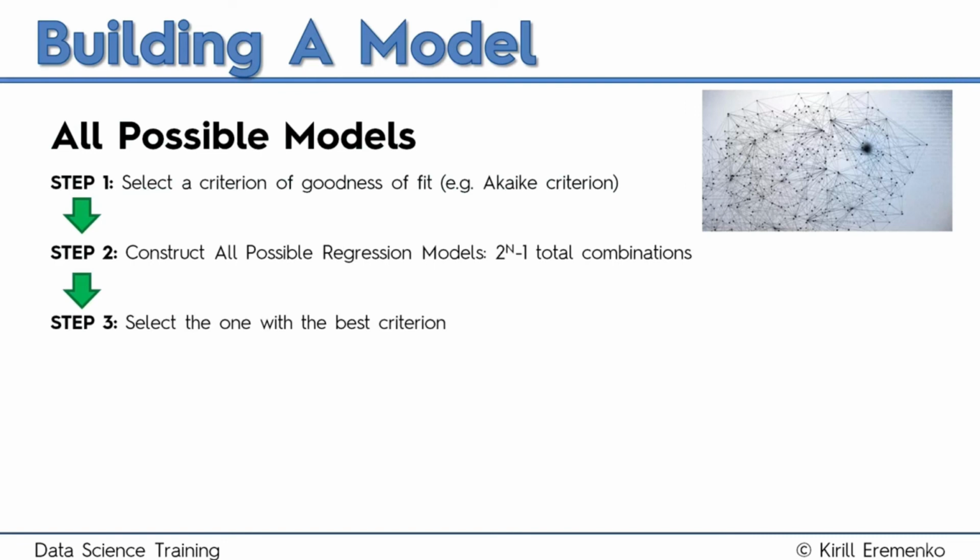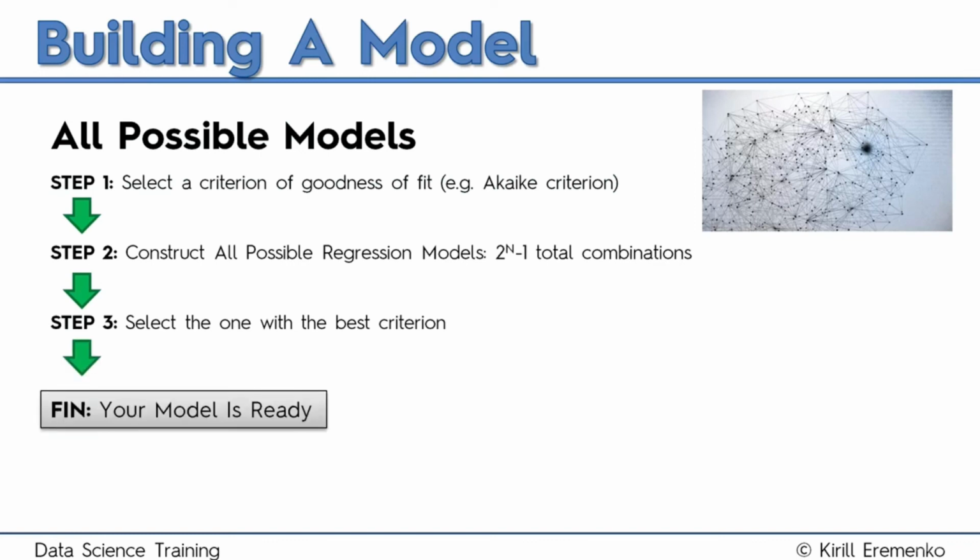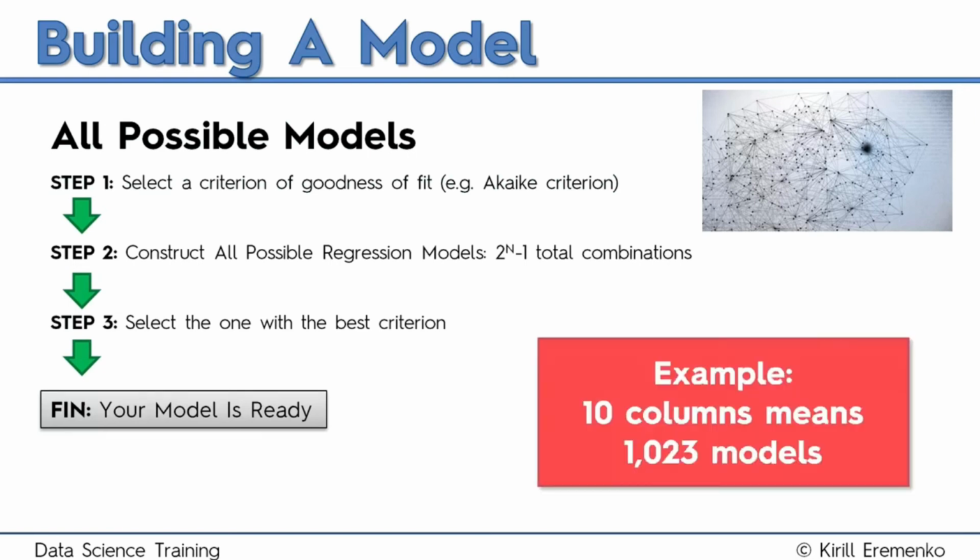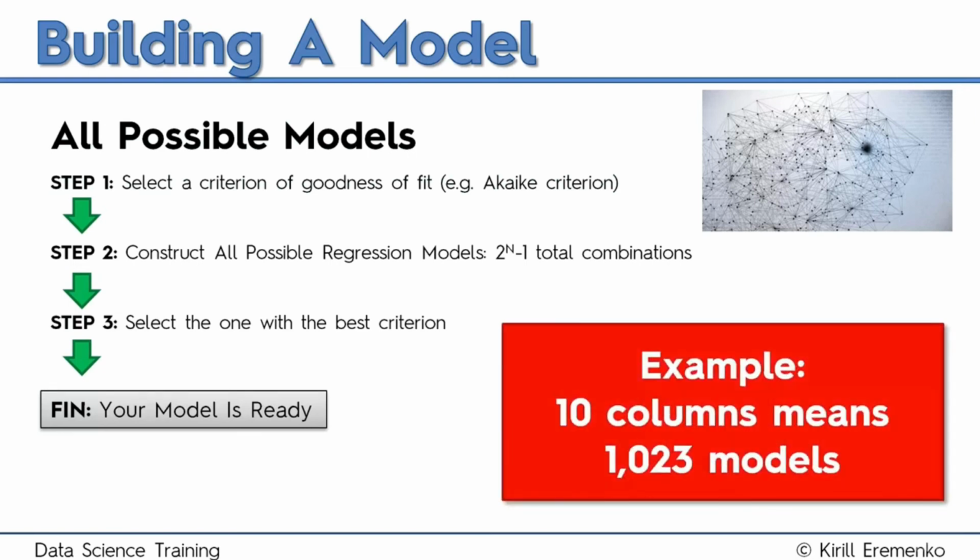And then step 3, you select the one of these models with the best criterion that you're looking at. There you go, your model is ready. So sounds easy, but let's have a look at an example. Even if you have 10 columns in your data, you'll have 1023 models. That's an insane amount of models.